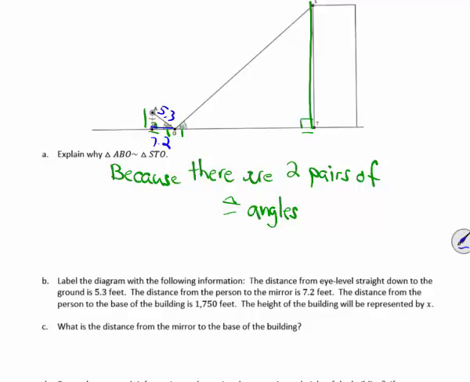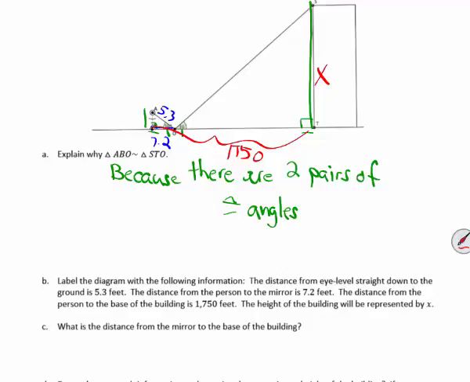The distance from the person to the base of the building is 1,750. So that means, I'm going to kind of do it in red here, from the person, this way over here is 1750. And the height of the building will be represented by X.